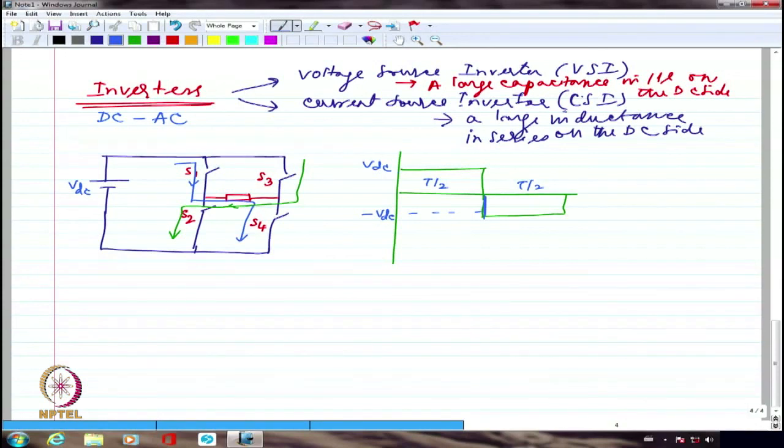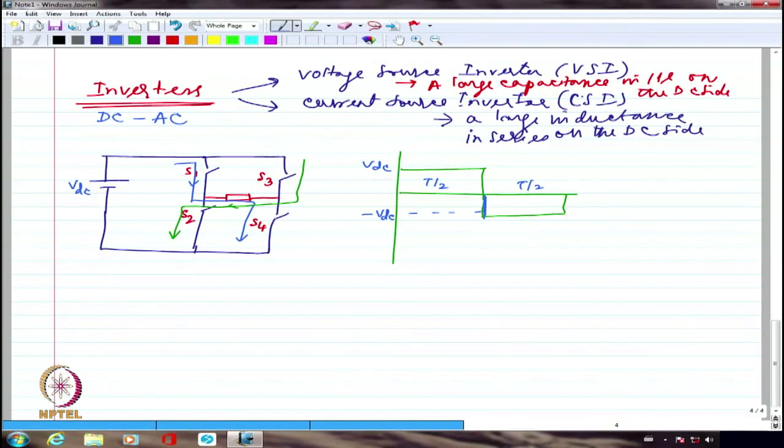The second thing is, because it is a square wave, it is far from being sinusoidal, so it will have so many harmonics. Right? All these harmonics are going to create a problem, especially if I am going to apply it to a motor, because motors require sinusoidal voltages and sinusoidal currents. So I am going to have the trouble of not being able to eliminate the harmonics and not being able to control the RMS value.